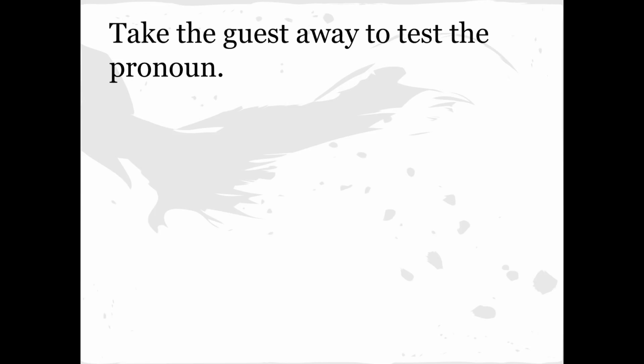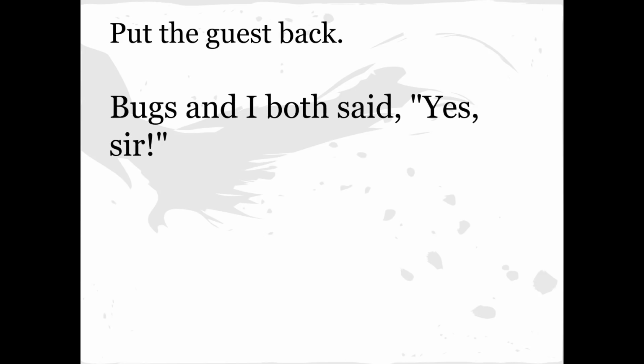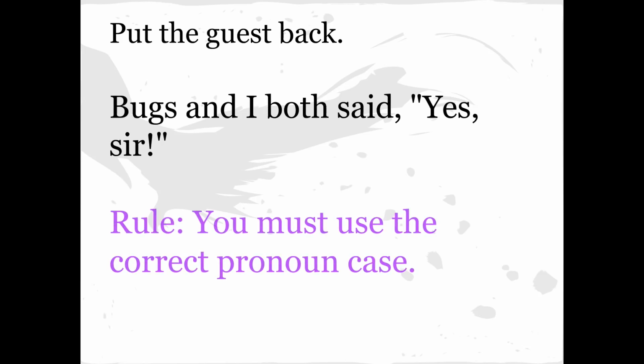Next, we take the guest away to test the pronoun. "Me said, 'Yes, sir.'" Now that's obviously wrong. We sound like a cave person when we talk that way. So we have to change the me to I. "I said, 'Yes, sir.'" Now we have to put the guest back. "Bugs and I both said, 'Yes, sir.'"